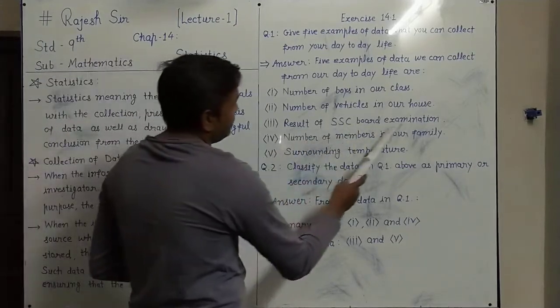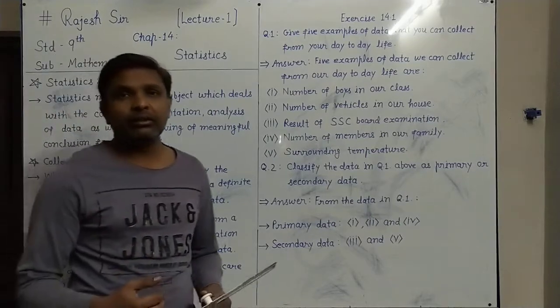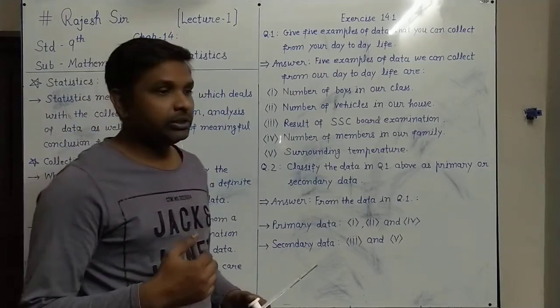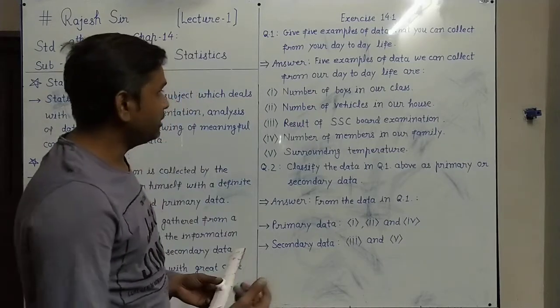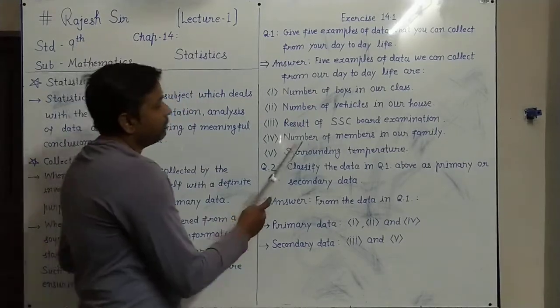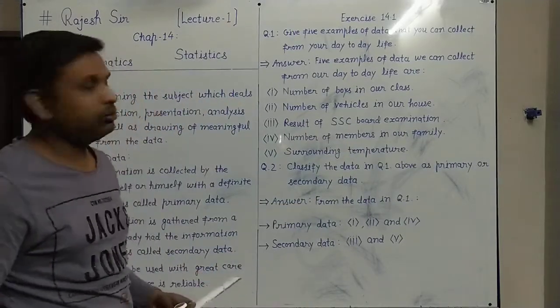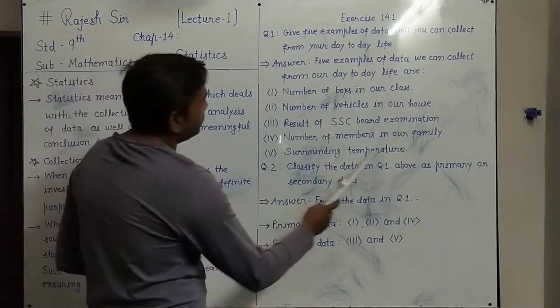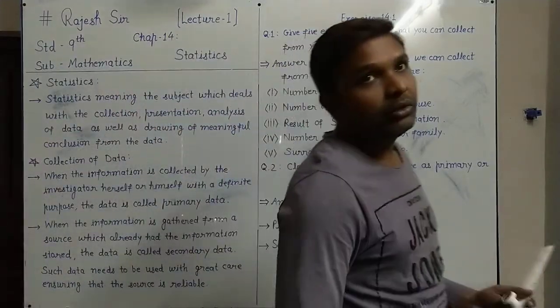Third, result of SSC board examination. The SSC board examination result of any year we can get from the net, from the newspaper, or from any other sources. Fourth, number of members in our family we can count. And fifth, surrounding temperature we can know.